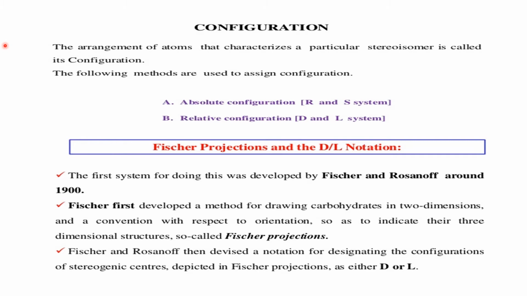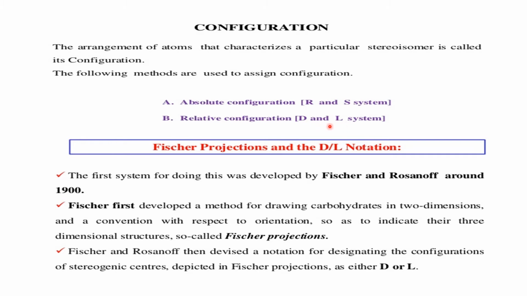Two configurations are there. They are absolute configuration, which is also called R and S configuration, rectus and sinister. R is rectus and S is sinister. And the other one is the relative configuration, which is designated as capital D and capital L.